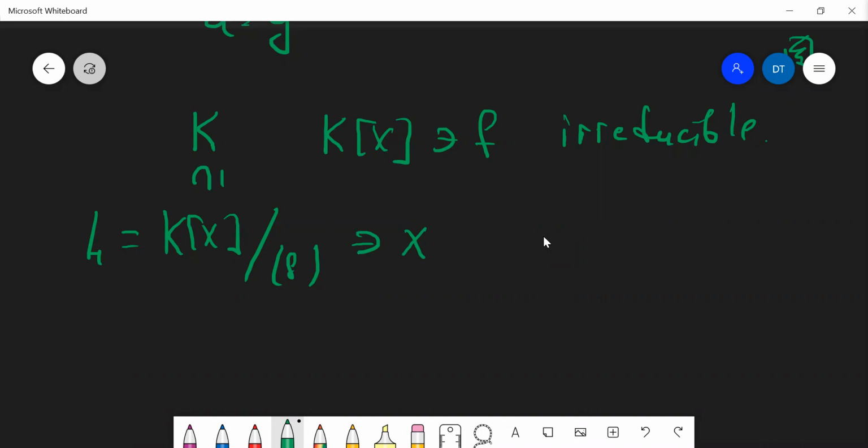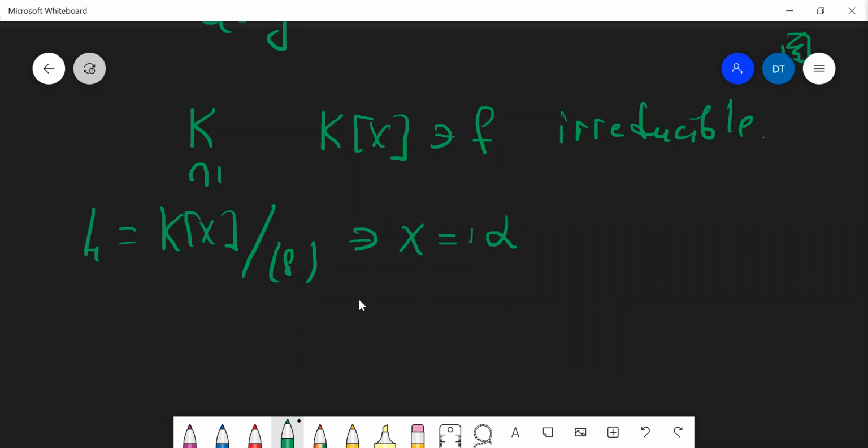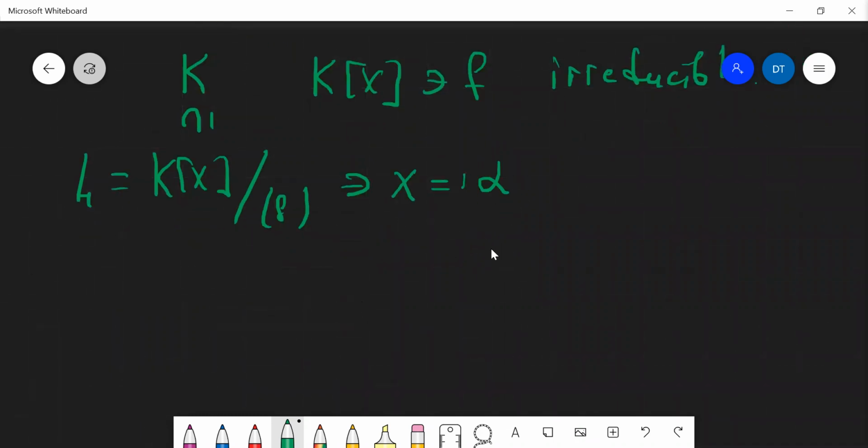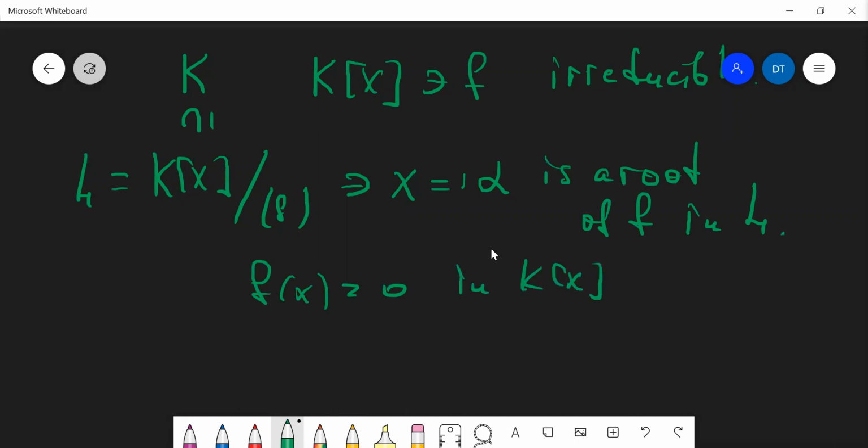In order to avoid confusion, I want to denote it by alpha, because I don't want to think of X as an element of a polynomial ring K of X. I just want to think of X as an element here in L. So by the definition of this ring, alpha is a root of F in L, because F of X is equal to 0 in K of X over F. That was the definition.